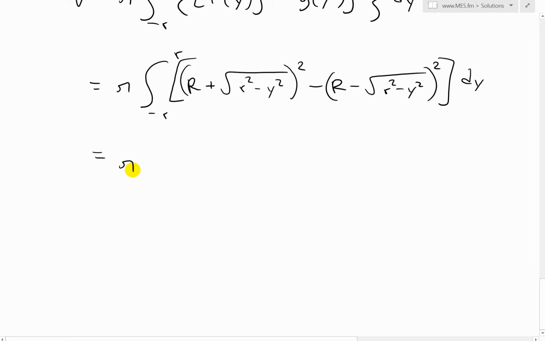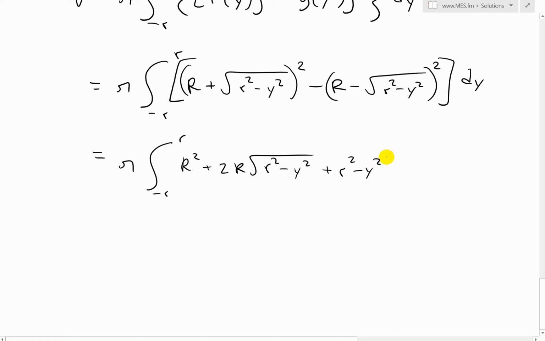So this is going to be pi, and then just expand this out, so we get negative r to r. Just FOIL this out. When you multiply it by itself, we'll end up having r squared, and then we're going to have 2r times the square root of r squared minus y squared. Make sure to learn more about foiling in my foiling video, link below. And then this times itself removes the square, which is just going to be plus r squared minus y squared.